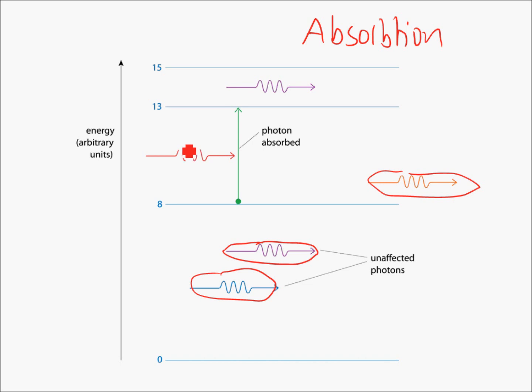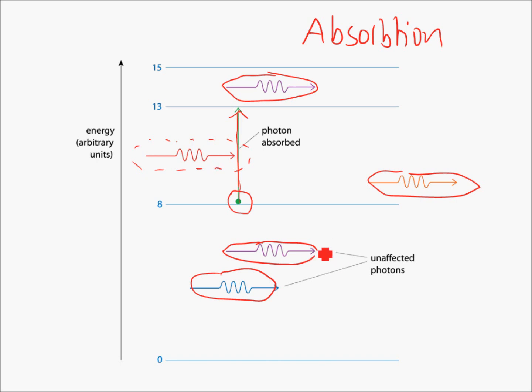But here we've got a photon whose energy corresponds exactly with the element that is passing through, and it ends up becoming absorbed. When it gets absorbed, it gives its energy to an electron, and that electron moves up to a higher energy level. And the result is that all these photons carry on travelling through, but we don't get any of these photons through to the other side.